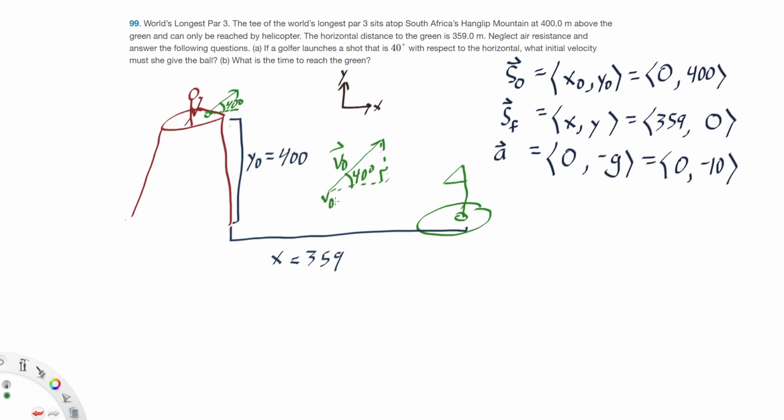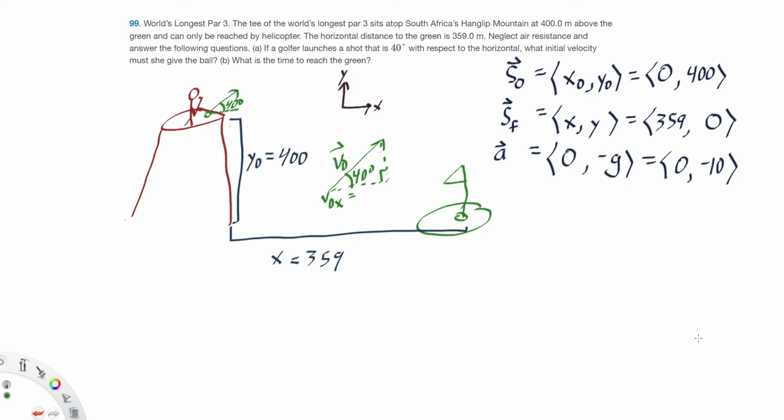What's our initial velocity in the x direction? Anybody? Matthew Keys, I think you were trying to say, yeah, that's right.